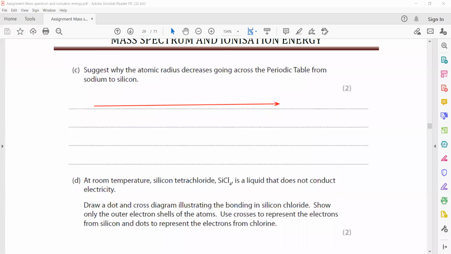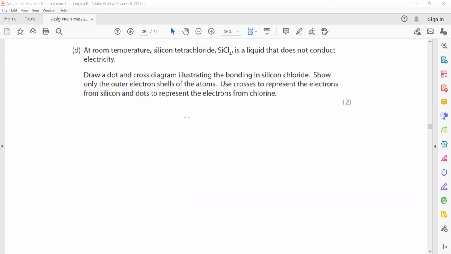That's why the size decreases. So nuclear charge increases and the shielding effect is the same, or same electrons in the same shell, which causes the decrease in size of the atom.